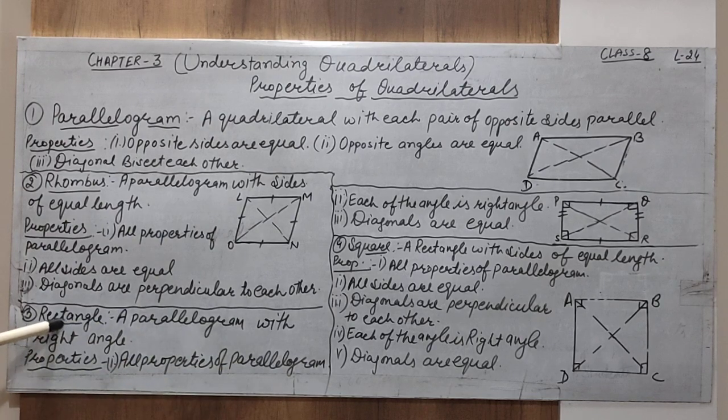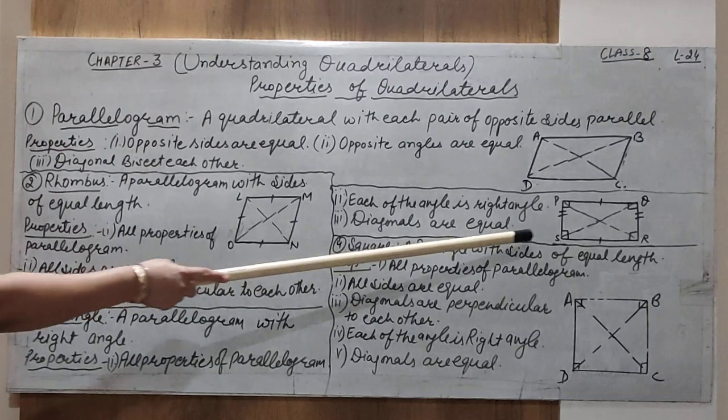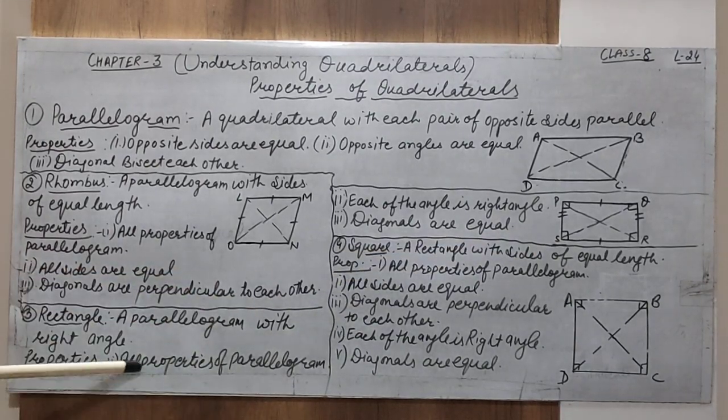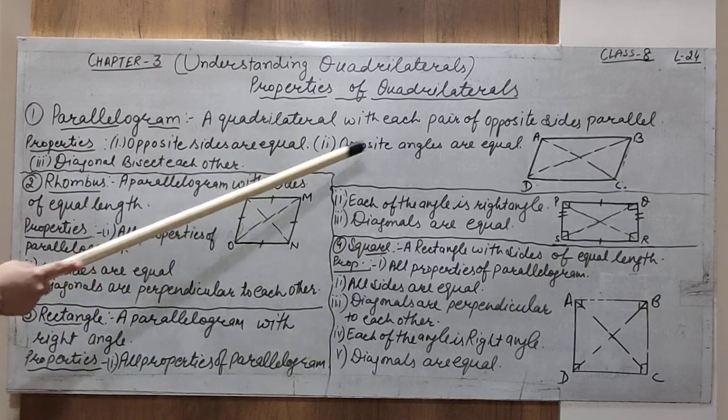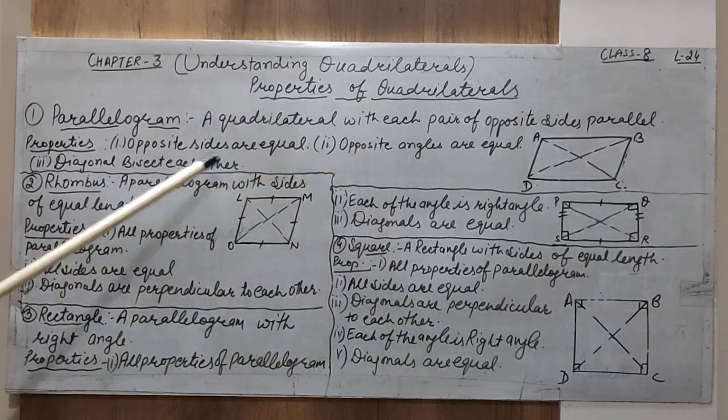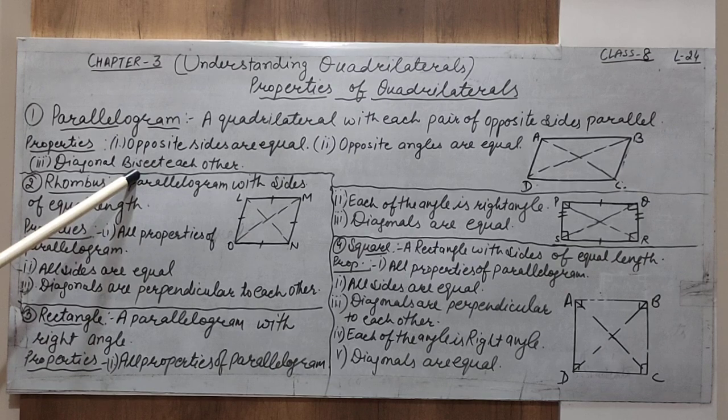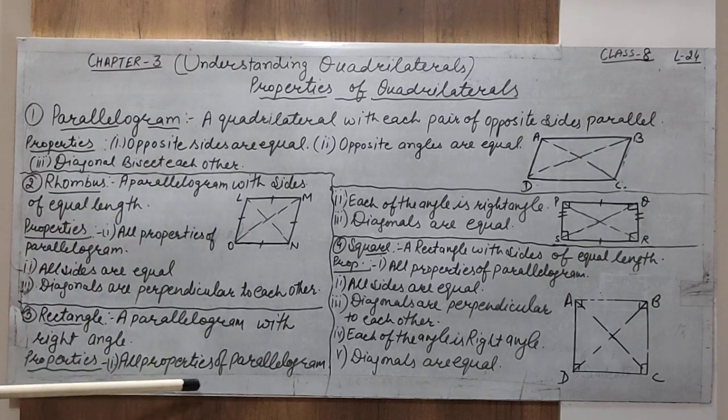Similarly in a rectangle, opposite sides are parallel and equal. So the first property is all properties of the parallelogram, that is, the property related to angles and the property related to the diagonals, but a few more properties are also attached to the rectangle.